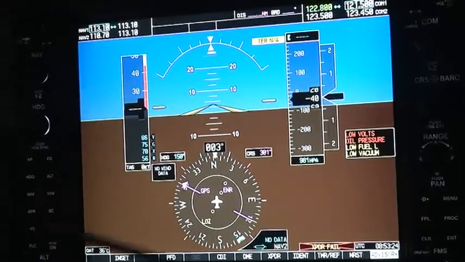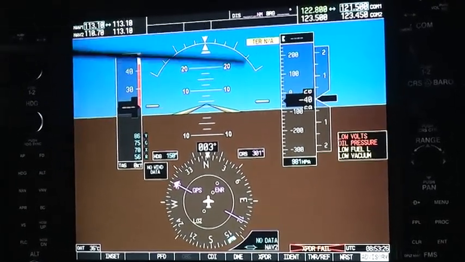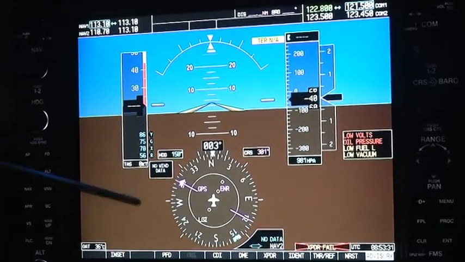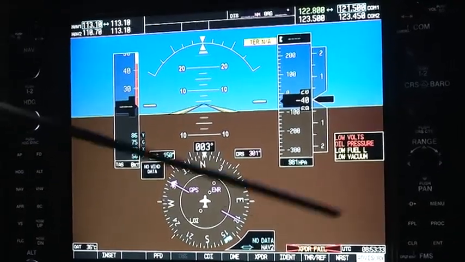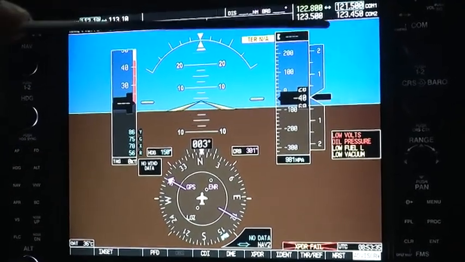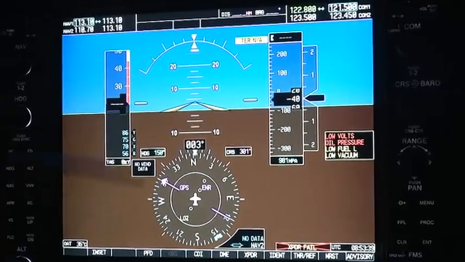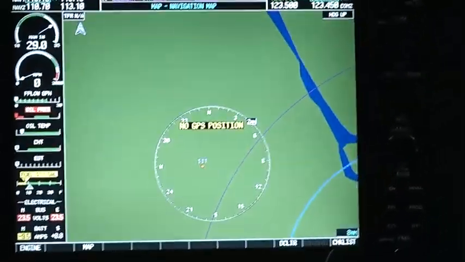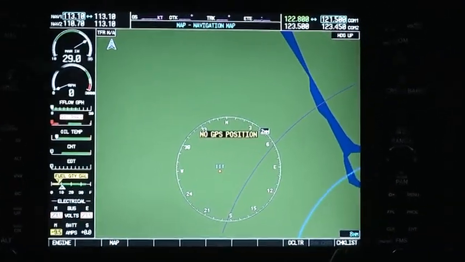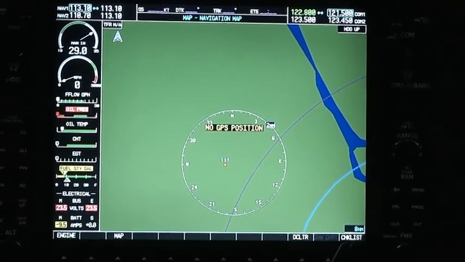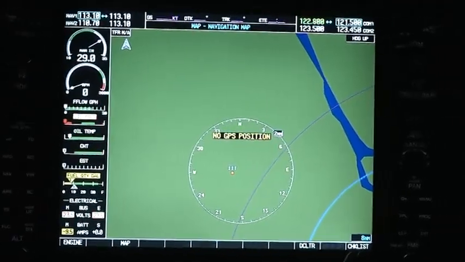So while flying, basic airspeed, altimeter, vertical speed, your artificial horizon, your HSI, your nav data and your COM data, you are getting on the first screen, that is the PFD. On the MFD, you are getting the engine instruments as well as the navigation maps. So a lot of data has been distributed within these two screens.